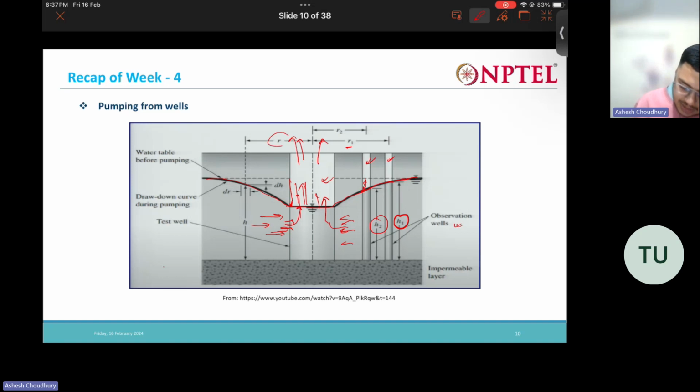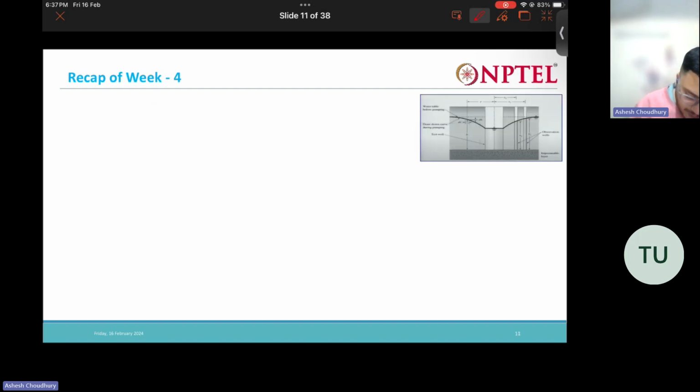Now, say at r distance we have this height h from below. What we can write is that the flow of water at any r distance is k dh by dr, which is the gradient of flow, times twice pi r h.